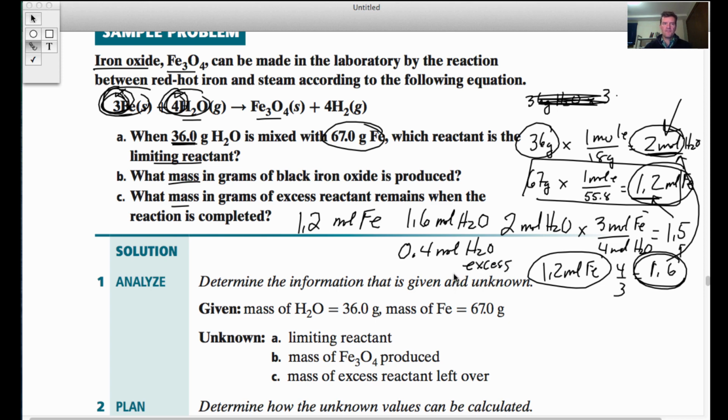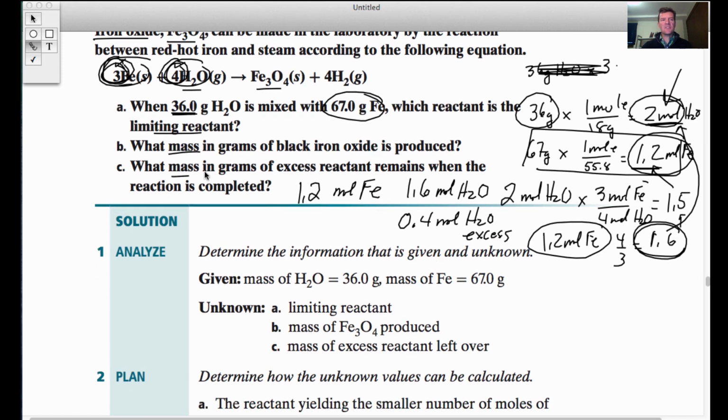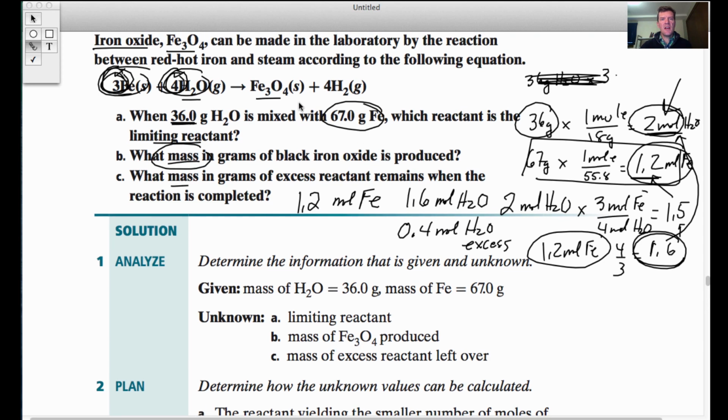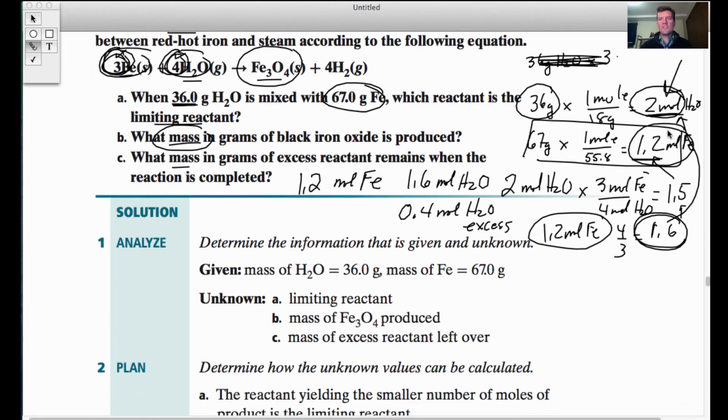All right? Now, let's get to the question here. What mass of iron oxide is produced? Well, I don't want to use 2 moles of water because I will never use all 2 moles. I'll only use 1.6 moles of water. So I suggest you use the limiting reactant, the 1.2 moles of Fe.